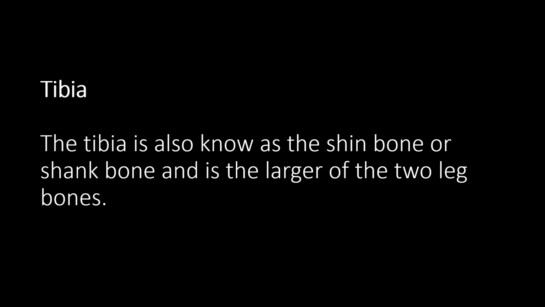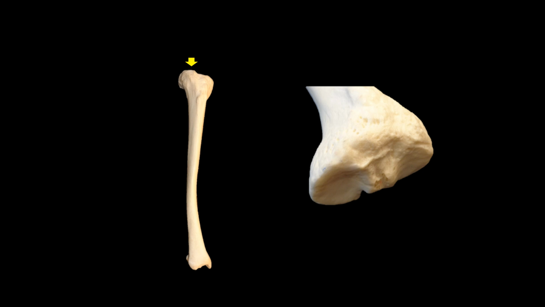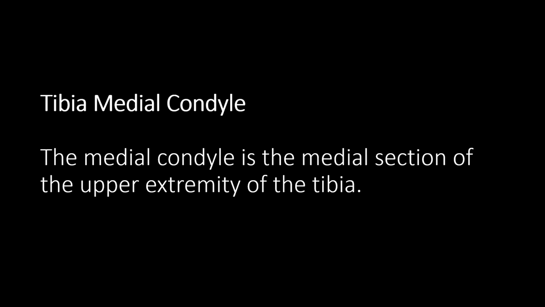Tibia. The tibia is also known as the shin bone or shank bone and is the larger of the two leg bones. Name this anatomical area. Tibia medial condyle.